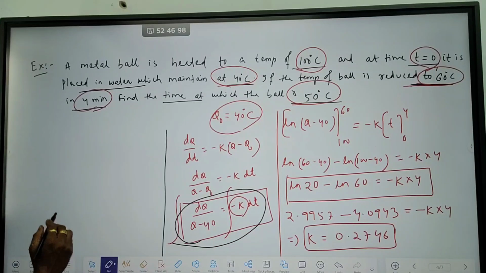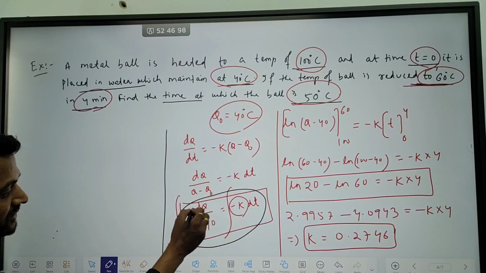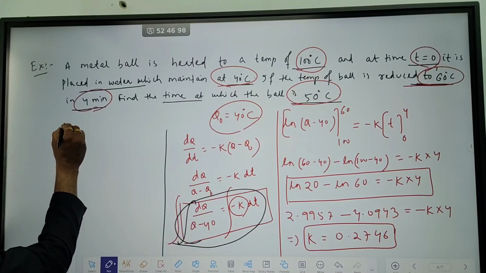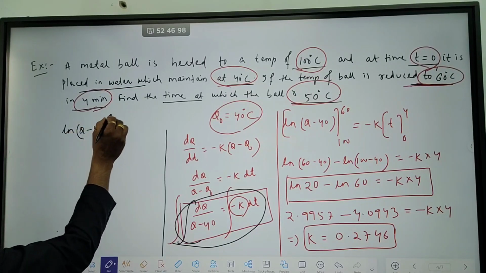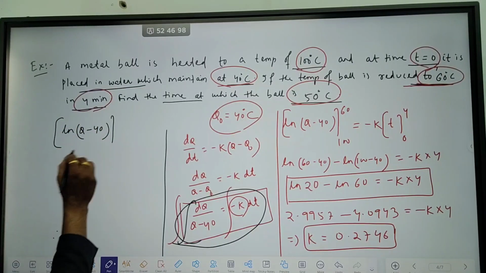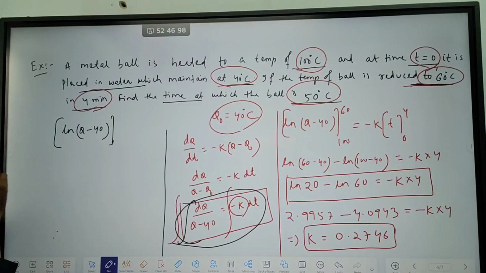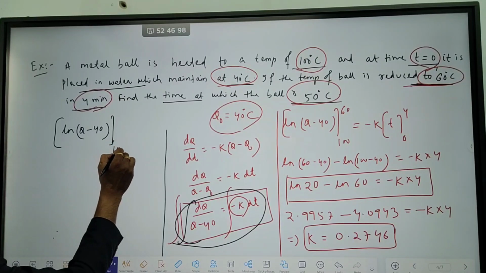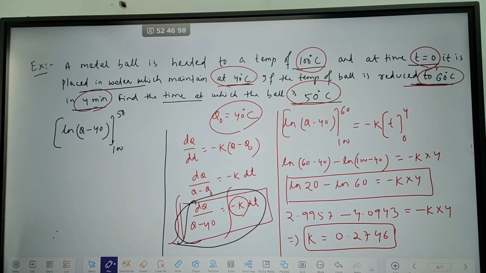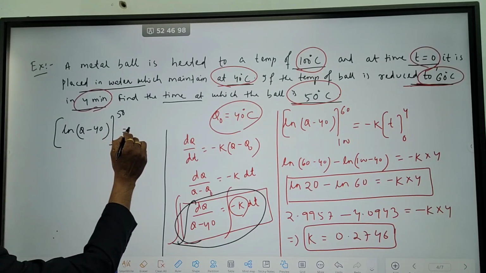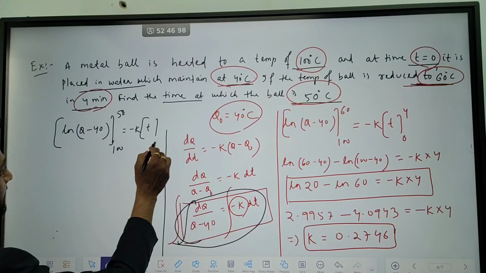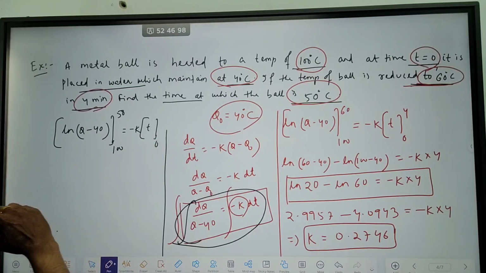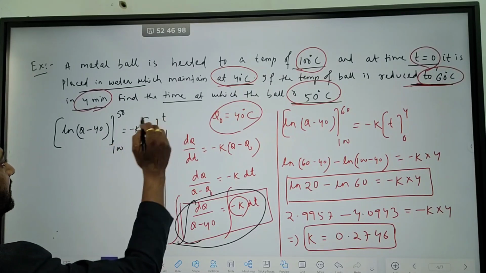If I integrate this function, it is coming ln(θ - 40). So what is the limit? The limit is from 100 to 50. And here it is -k. What was the limit of t? t is from 0 to t, because you have to find out t.